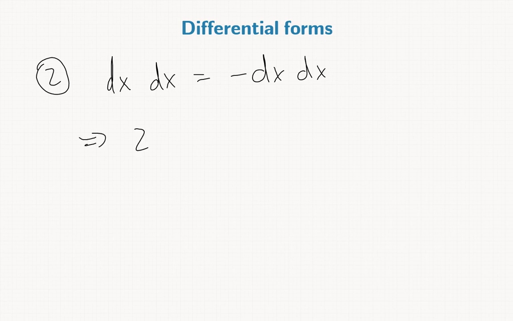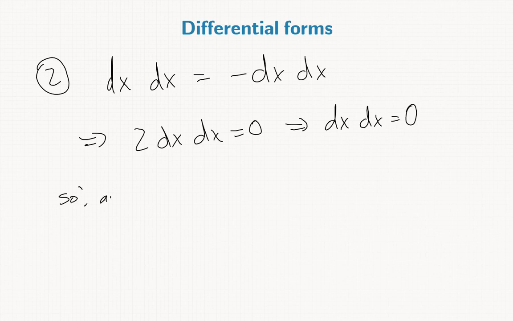So 2 dx dx is 0, and so dx dx is 0. So any one-form times itself is 0. Here I've just said this for dx, but this follows for any one-form.